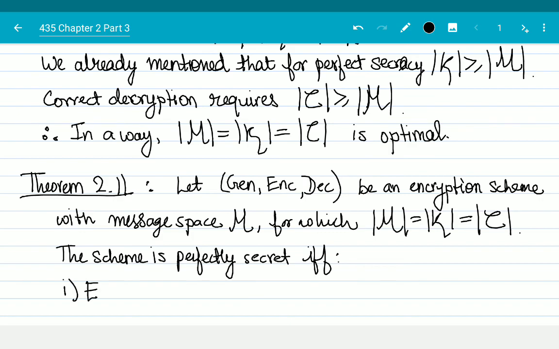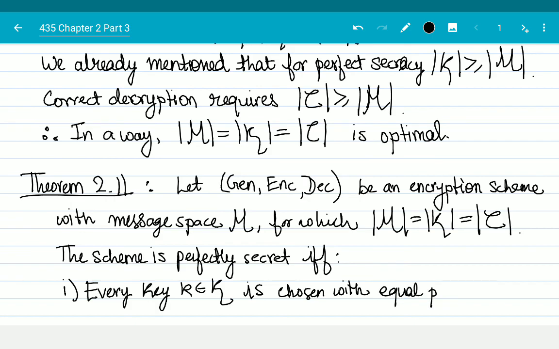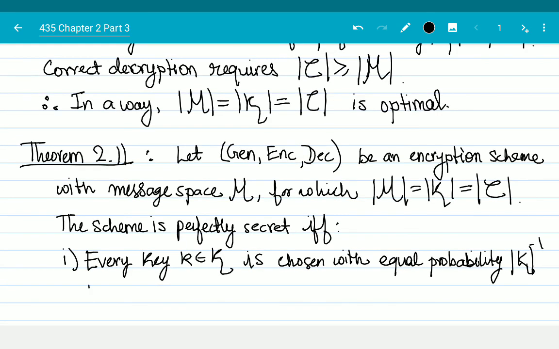First, every key k belonging to the key space K is chosen with equal probability by the generating algorithm Gen.